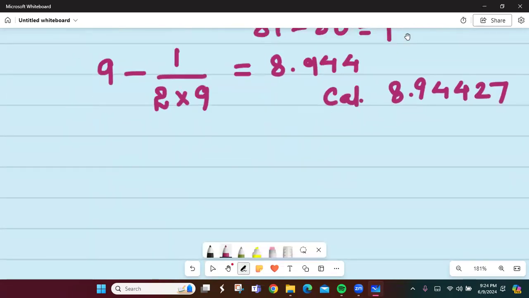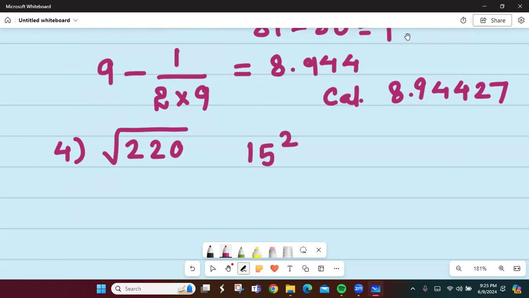So let us just take one more problem. Square root of 220. Now, the nearest square of 220 is 15 square, that is 225.